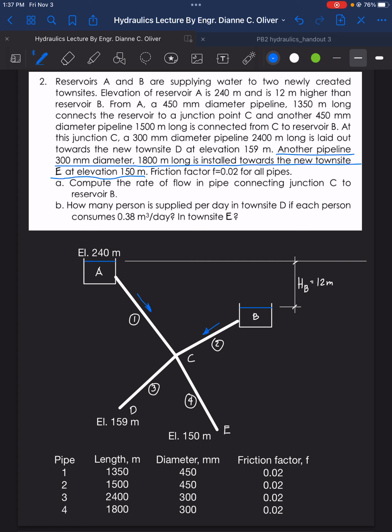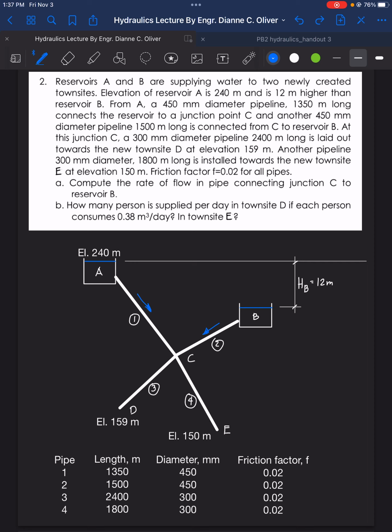That is another pipeline from C towards E, with a diameter of 300 and length of 1,800. They all have the same friction factor of 0.02.